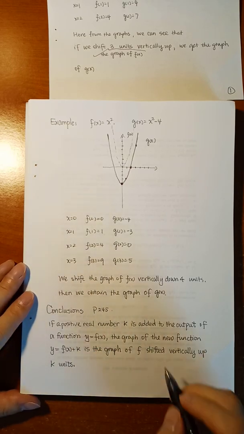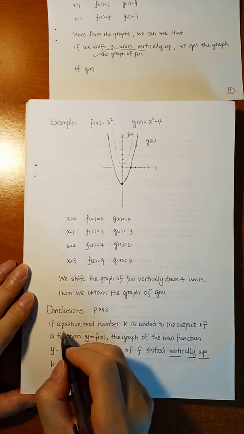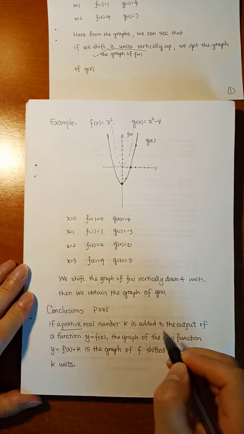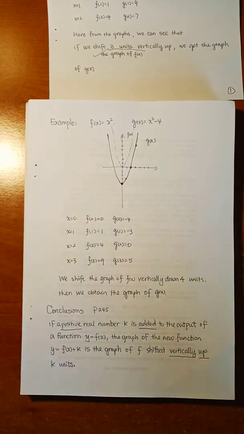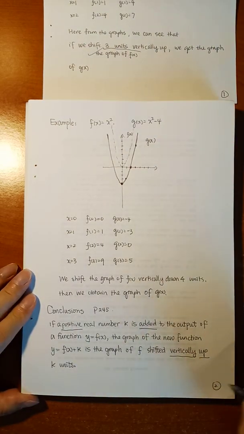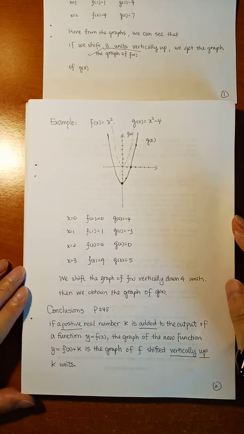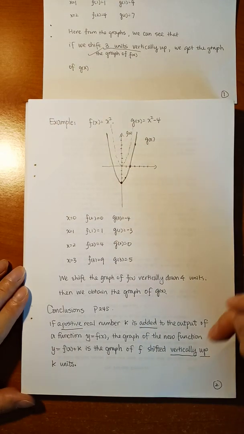Shift vertically up. So you see, these two words are important. It's vertically up, and it corresponds to a positive number added. If you add it to f(x), you get a shift vertically up. Okay, that's the first conclusion.